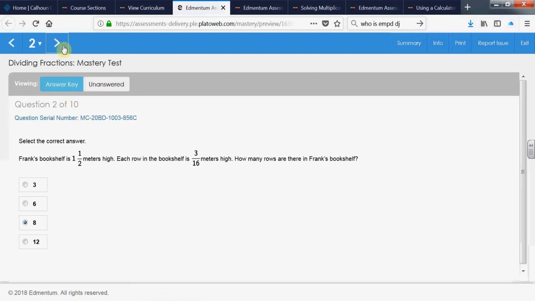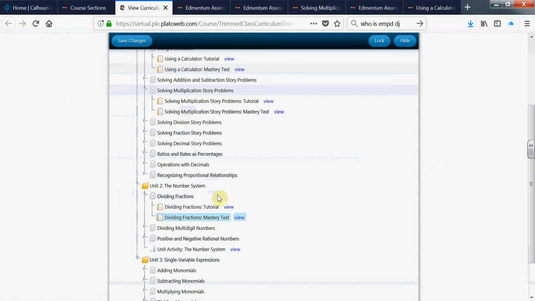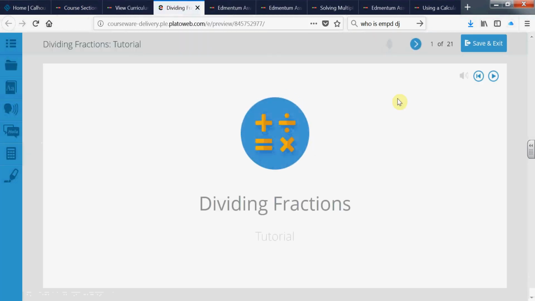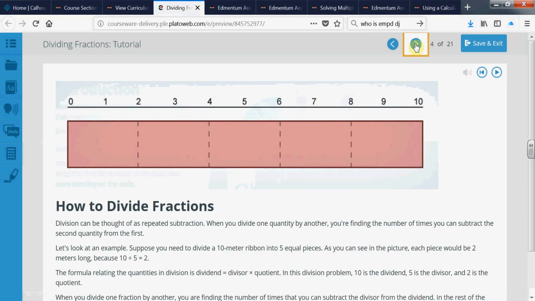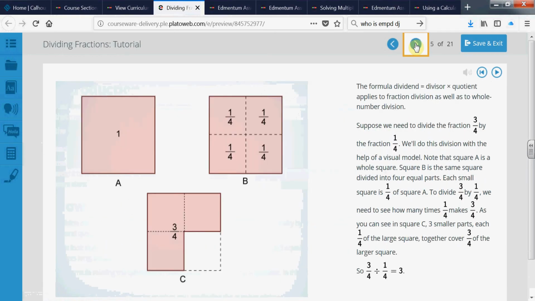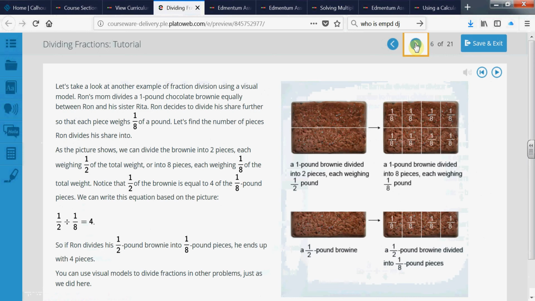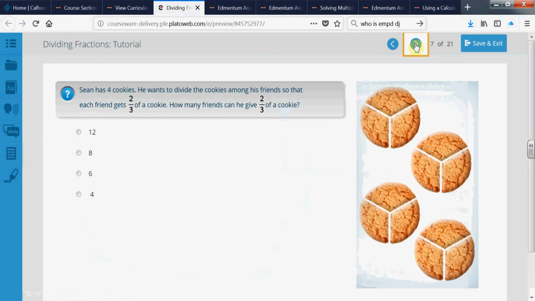They give more problems. Here's a tutorial for that section. So this section talks about division and what all that symbolizes and means.